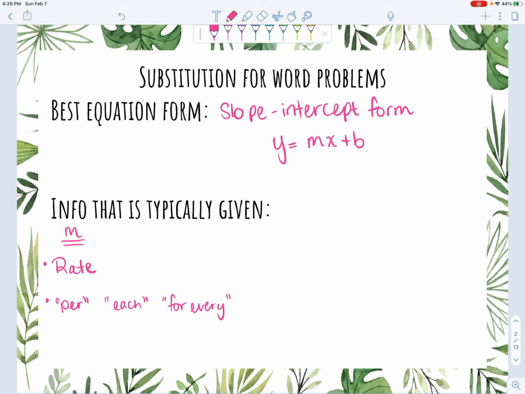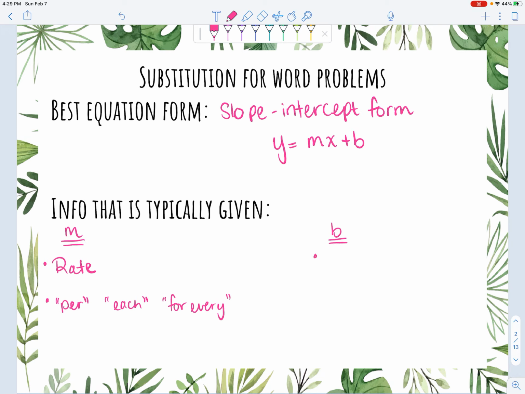So for example, let's say you were depositing money into a savings account and you were depositing $50 per week or every week. That would be your rate. So in your linear equation, if you used a linear equation to represent the amount of money in your account, the $50 would be your slope.